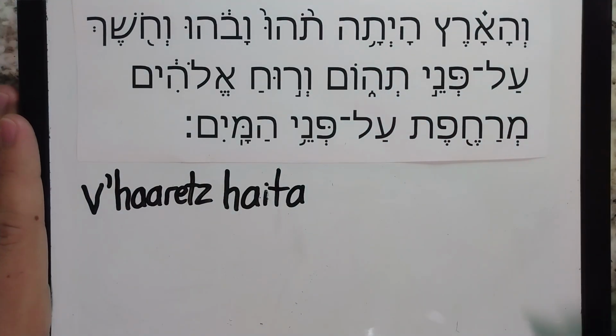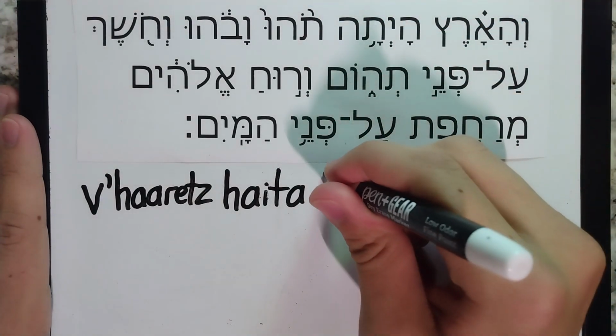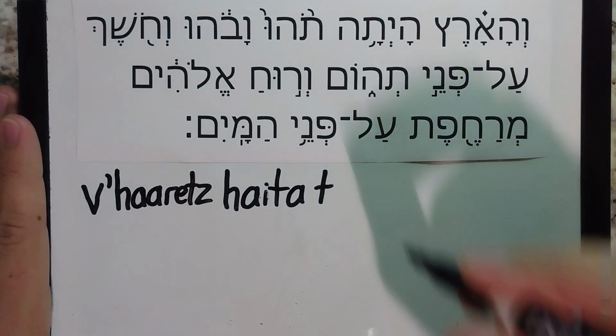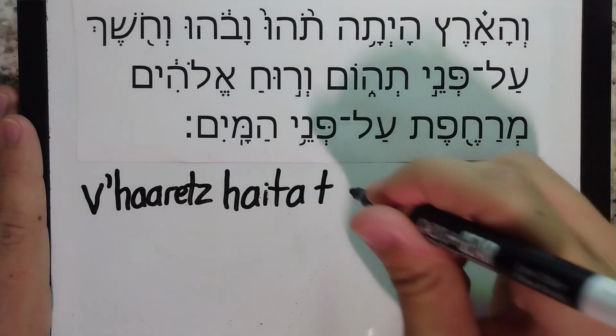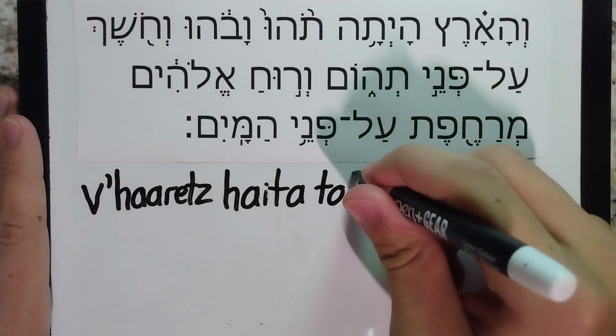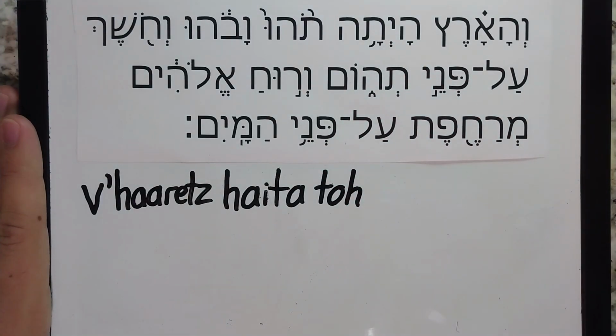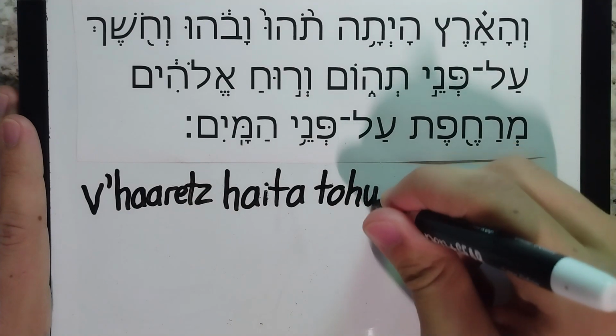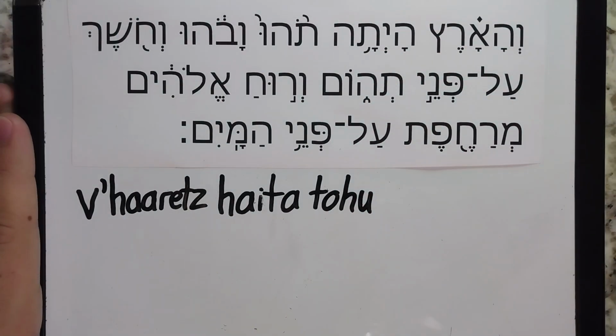The next word starts with a letter tav, which makes the t sound. On the tav, we have a cholam haser, which says o. Next is a letter hey, which makes the h sound, and this word ends with a vav with shuruk, which says u. We can see that this word has two punctuation markers.